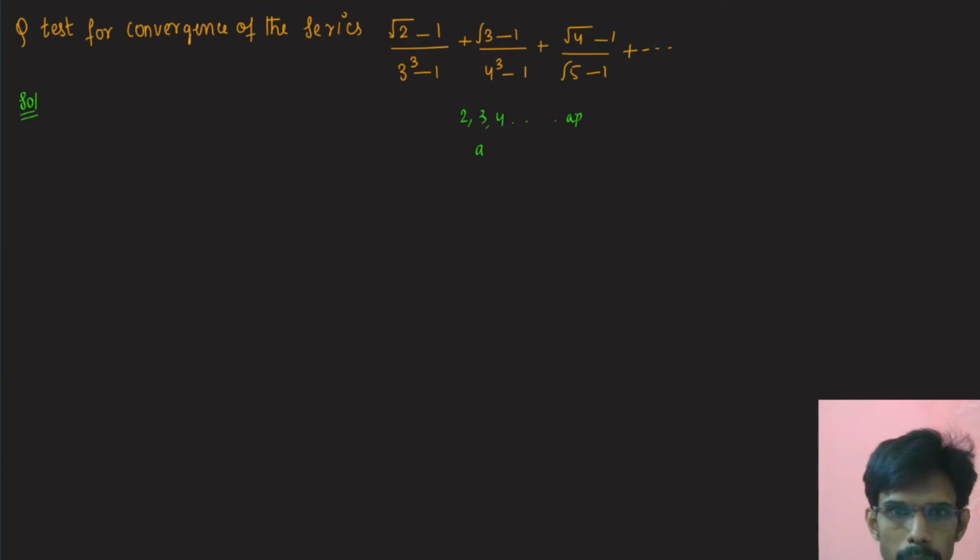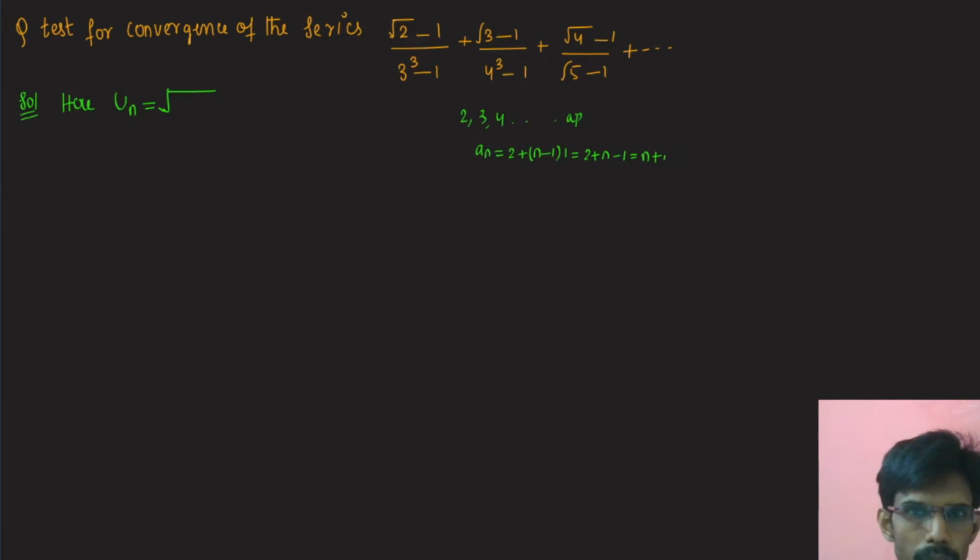So the general term an will be first term 2 plus n minus 1 into d. Common difference is 1. So we have 2 plus n minus 1, that is n plus 1. So here the general term un value is under root n plus 1.